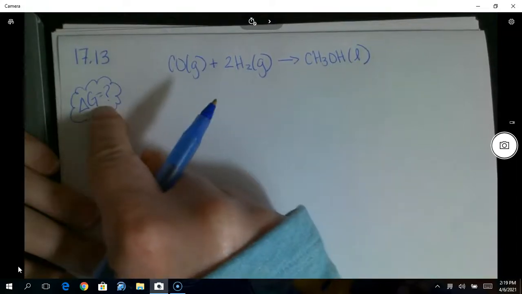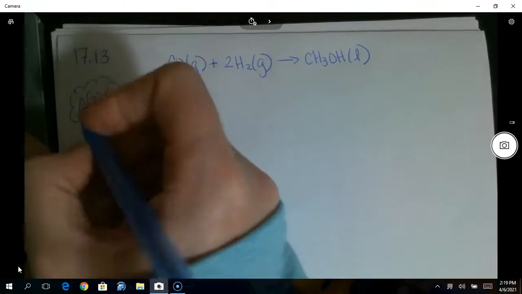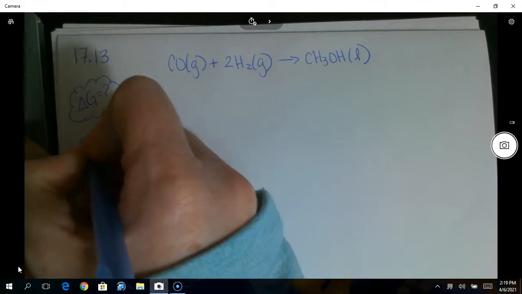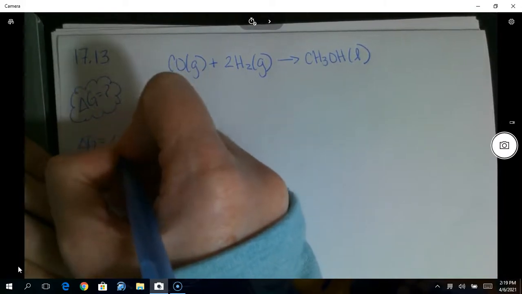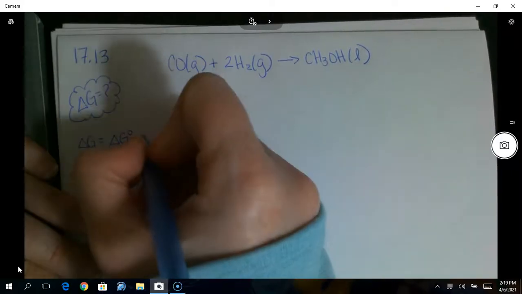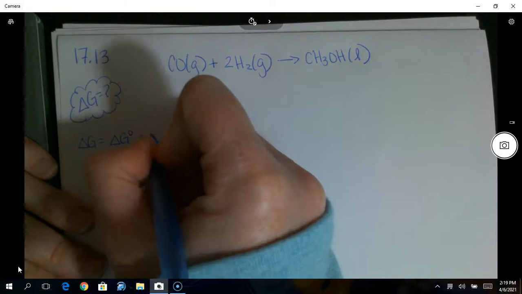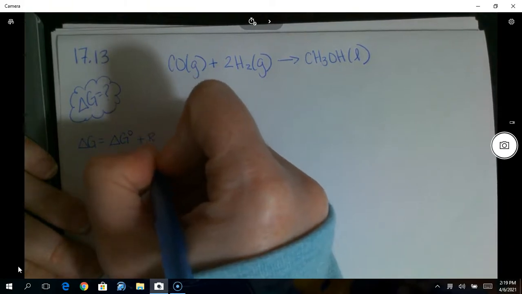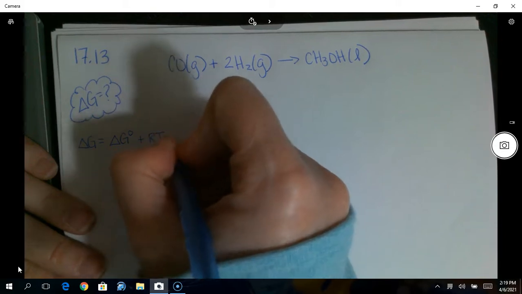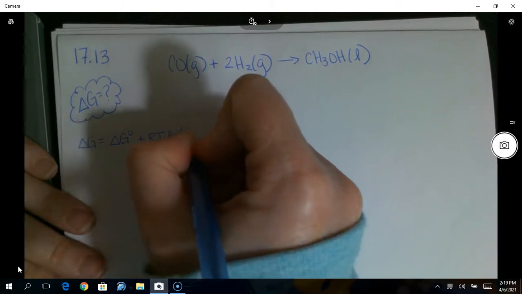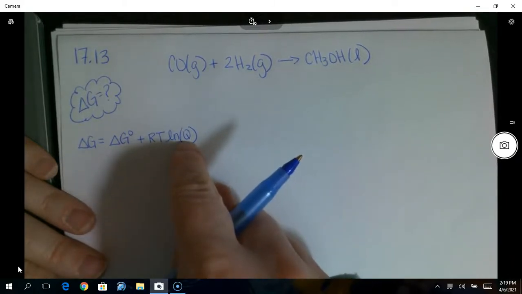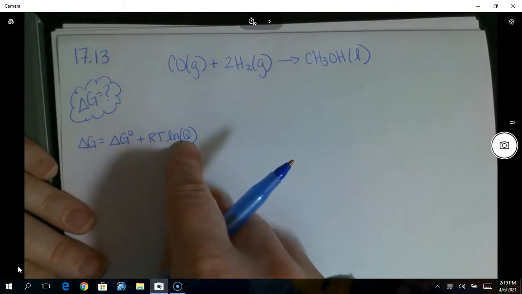When we're doing this, there's an equation that we use, which is the change in Gibbs free energy for real conditions. Basically, it is the standard change in Gibbs free energy, and then we have this qualifier that brings it into real conditions. So we have R, which is our gas constant, temperature in Kelvin, and then the natural log of Q. This is that reaction quotient that we learned about before when we were talking about equilibrium.